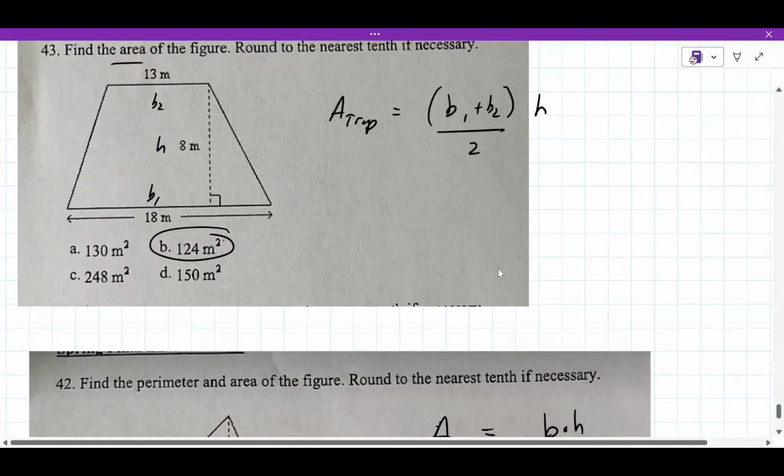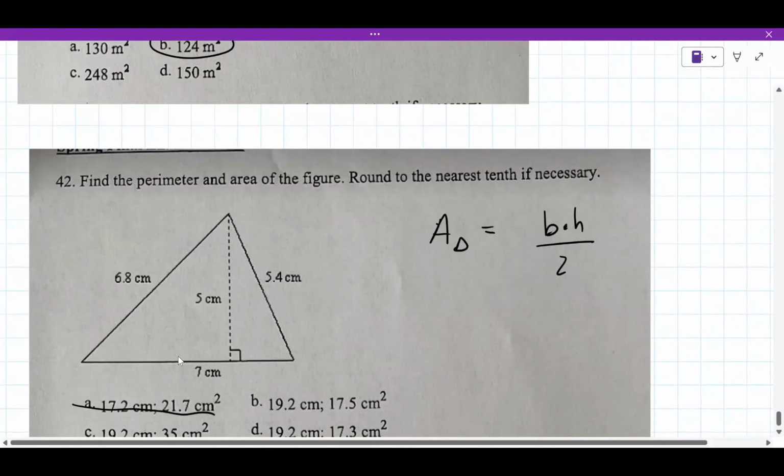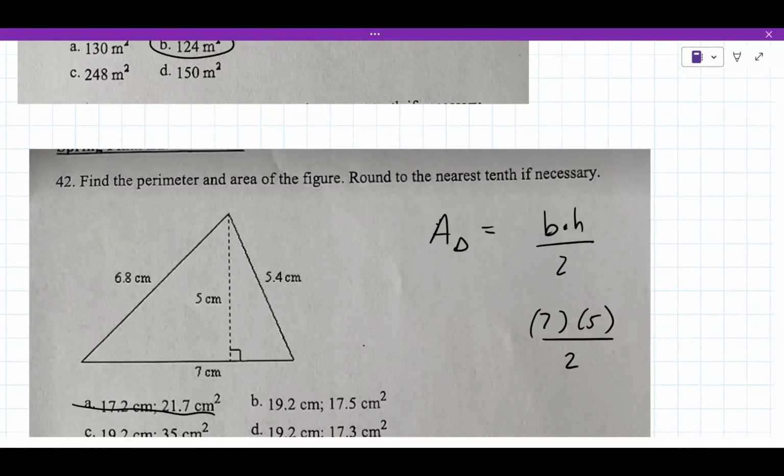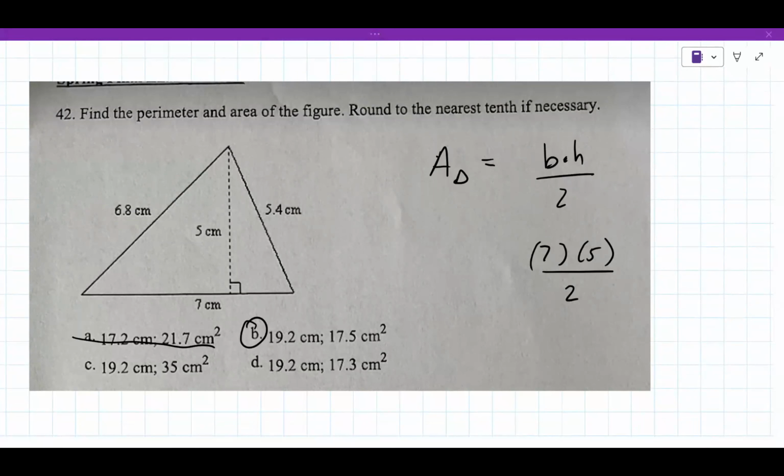Trapezoid was base 1 plus base 2, really similar, but you'll get an equation sheet. So your base here is the 7. So 7 times 5 divided by 2, which gives me 17.5. Really good. B would be the answer. All right, we're going to go ahead and stop here for today.